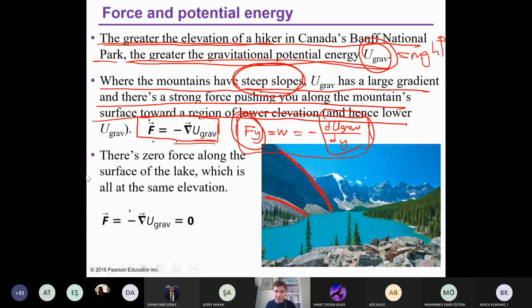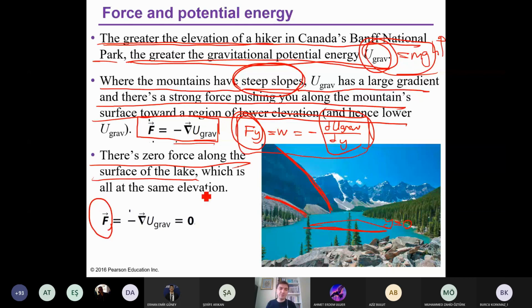So here, if you consider that this surface is y equals 0, then there will be no gravitational potential energy at this condition. Then the force acting on the object will be 0, okay, along the surface of the lake.